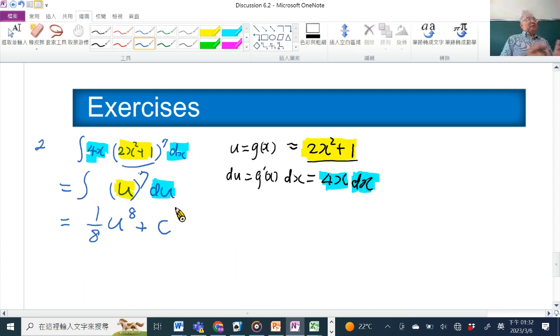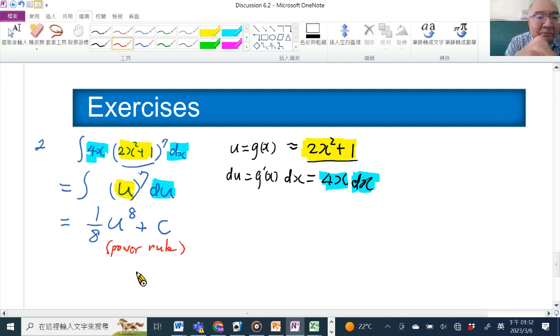Remember in section 6.1, I suggested that no matter what kind of rules you learn, you better write it down. So you better put a note in here: this is applying the power rule. Now you have this result.